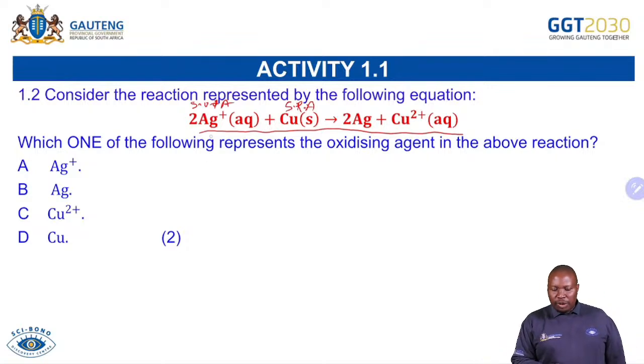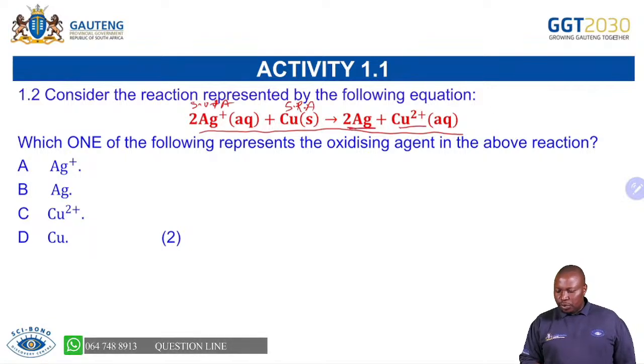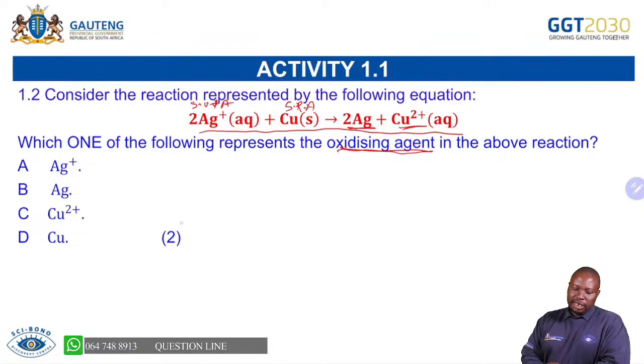So you can see that we're having a strong oxidizing agent reacting with a stronger reducing agent to form the weaker reducing agent and the weaker oxidizing agent. Remember, the oxidizing agents are mostly the positive ones. When the question says which one of the following represents the oxidizing agent, you are able to see that our oxidizing agent in this equation is Ag+.